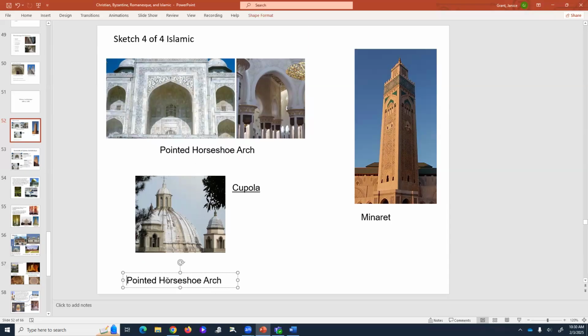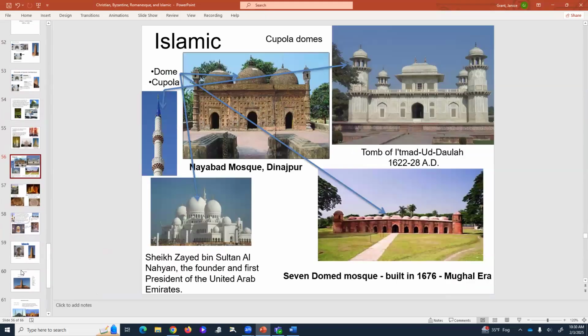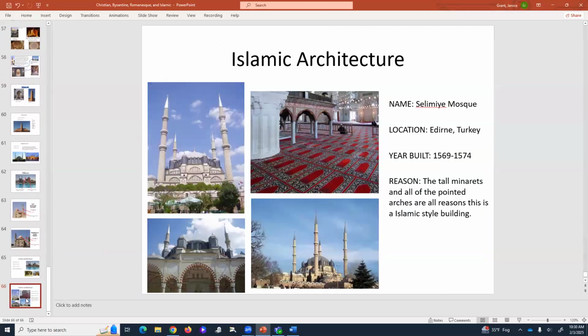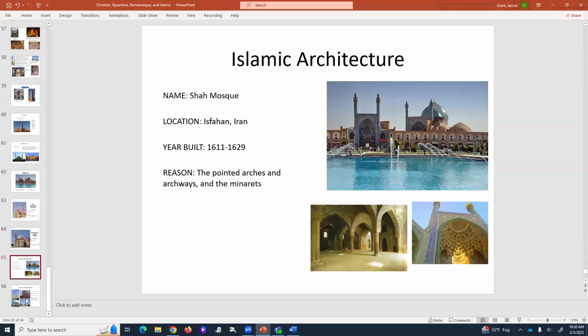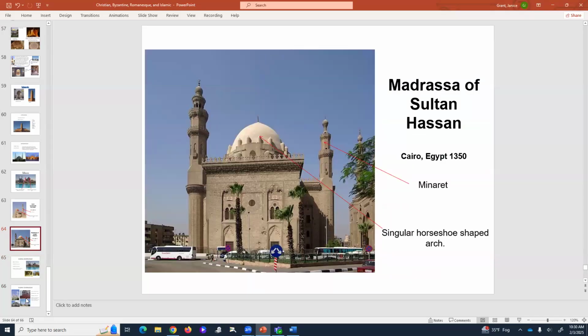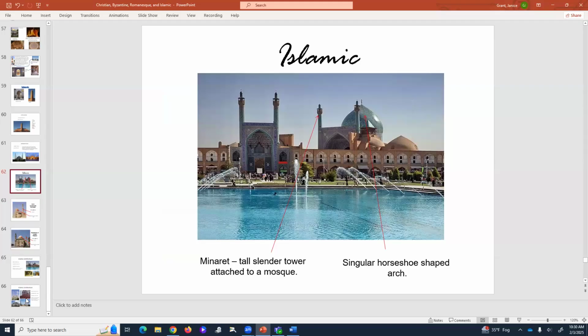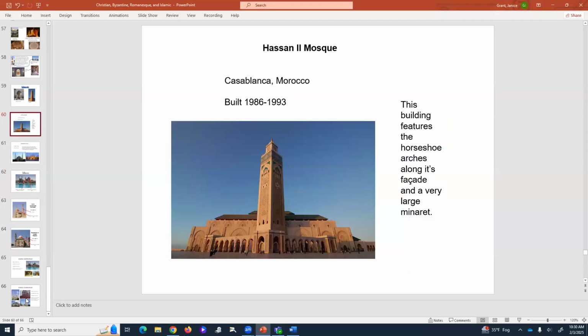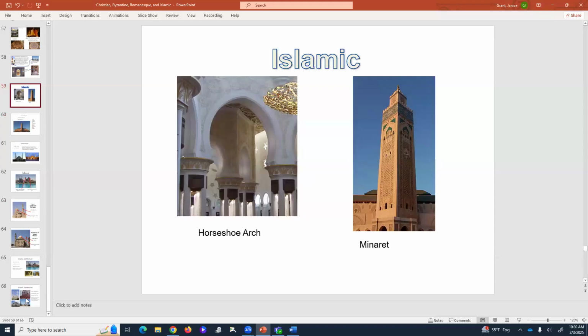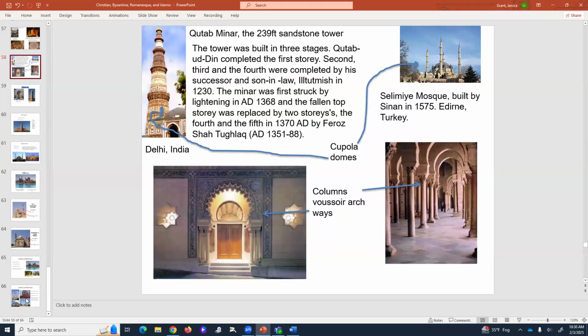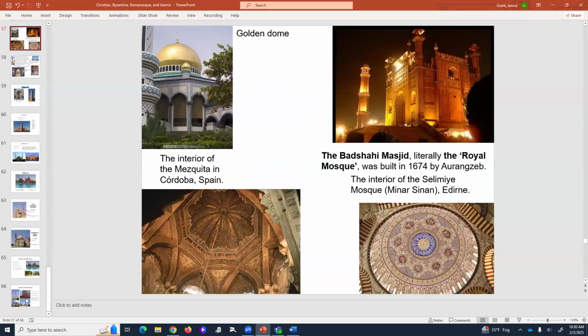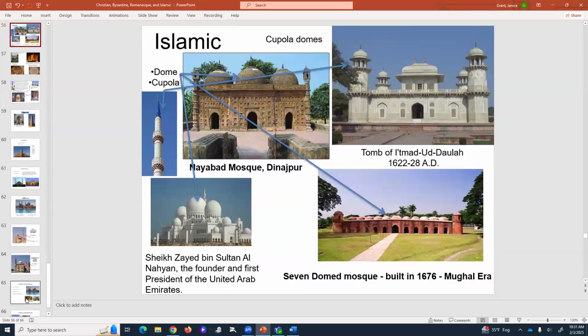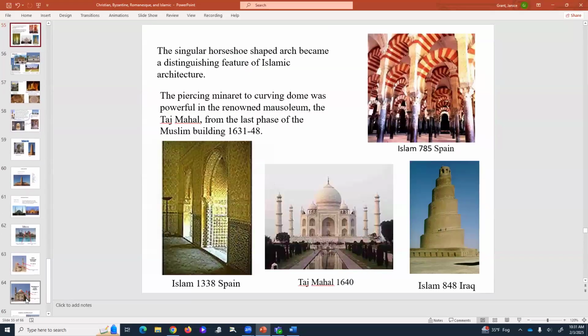We should add a note about the mosaics. Like there's some colonnades here. Taj Mahal is a really good example of that.